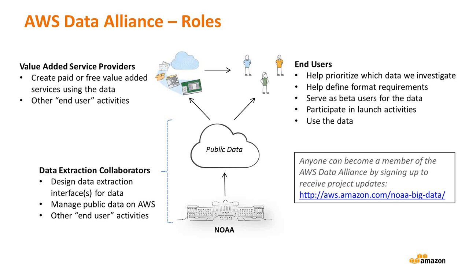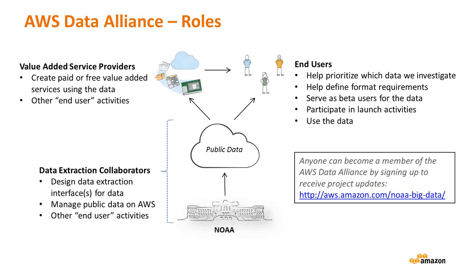And we want to market and make available and help you to market the services that you develop, either based on the NOAA data or the services that you upgrade and add new functionality to via this project. And then, of course, our value-added service providers are very important customer voices when prioritizing data, helping define format and structure, and all of those other things that I talked about as part of the end user role.